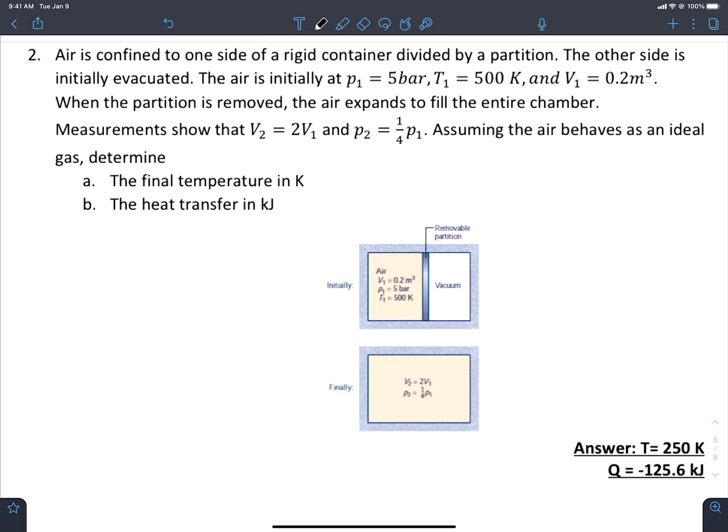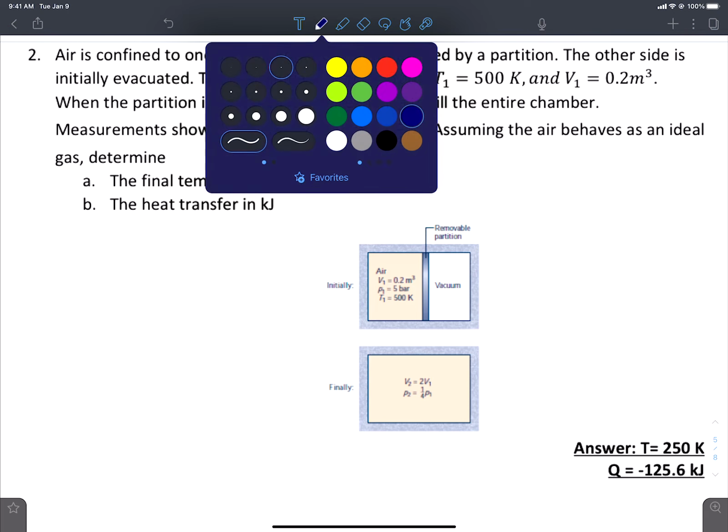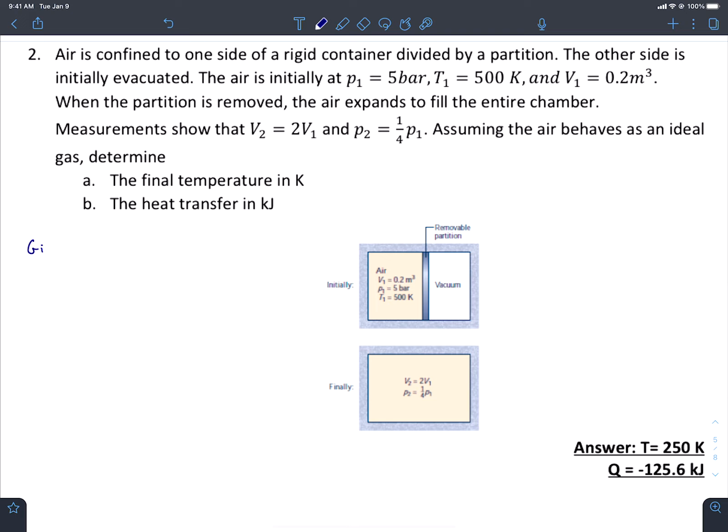Actually, I'm going to write the givens first. So given, we have P1 equals 5 bar, T1 equals 500 Kelvin, V1 equals 0.2 meters cubed.